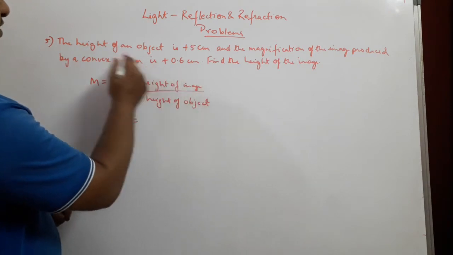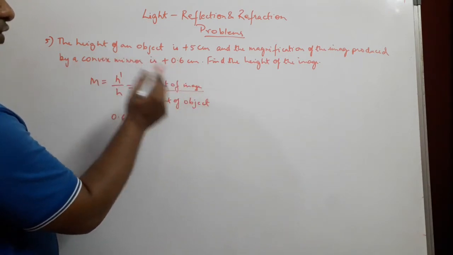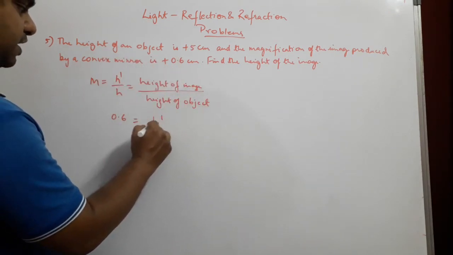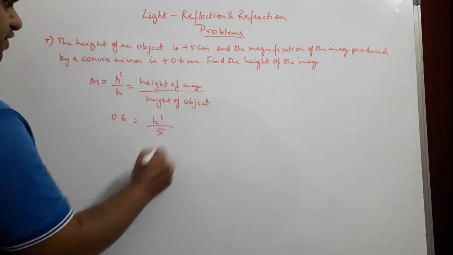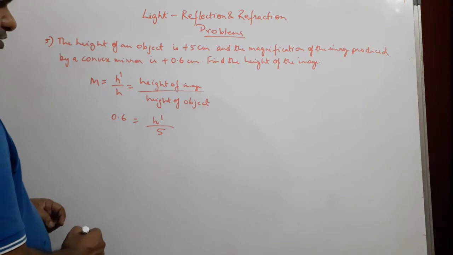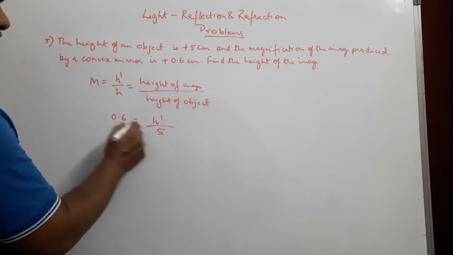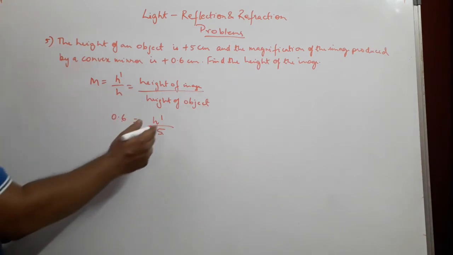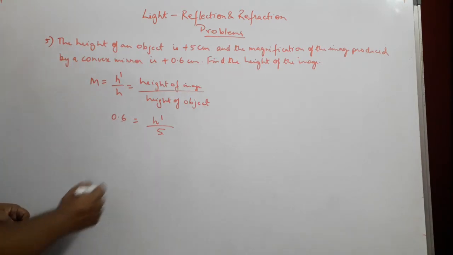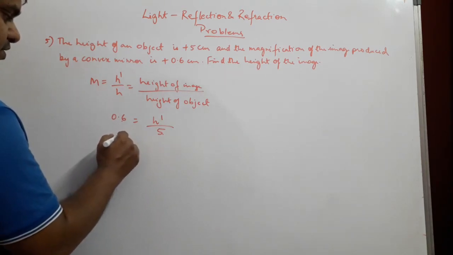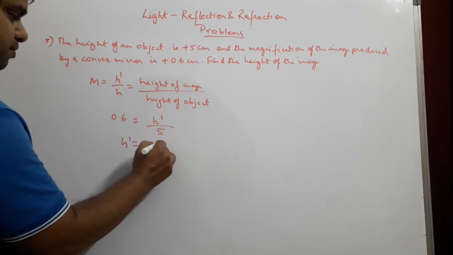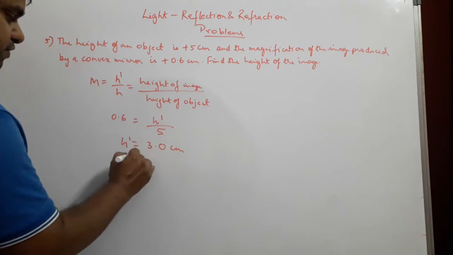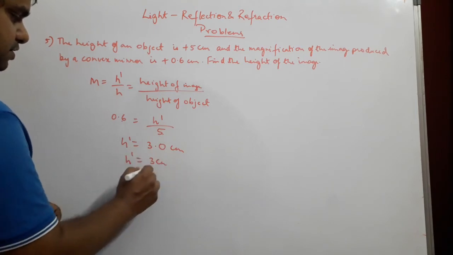Height of the image is what we need to find, so that would be h dash, and height of the object is given as 5 centimeters. So if we multiply 5 into 0.6, we should get the height of the image. That would be h dash equal to 3.0 centimeters. That means the height of the image is equal to 3 centimeters.